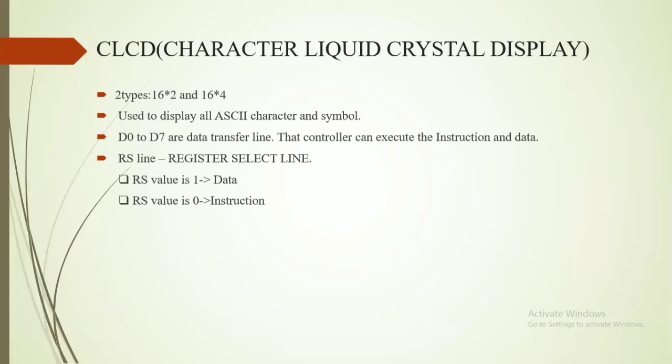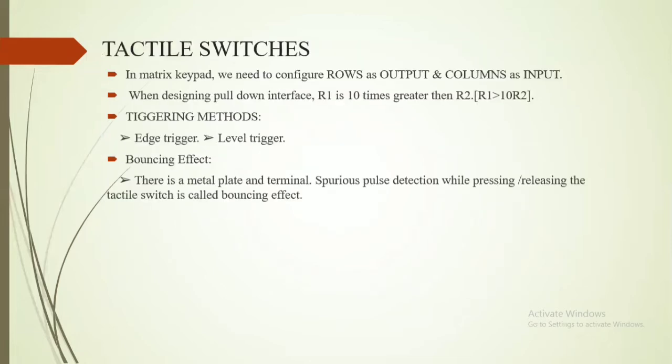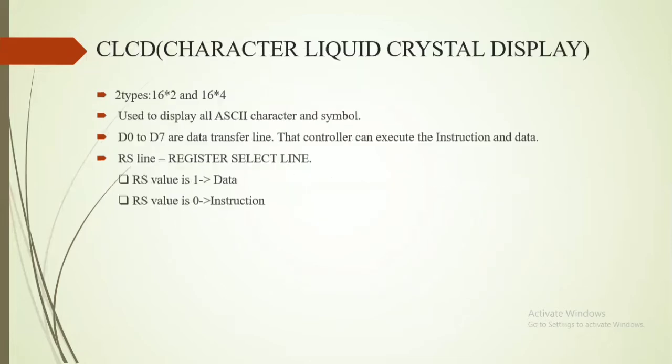D0 to D7 are the data transfer lines through which the controller can execute instructions and data. RS is the register select line. If the RS value is 1, that means data is executed. If the RS value is 0, that means an instruction is executed.